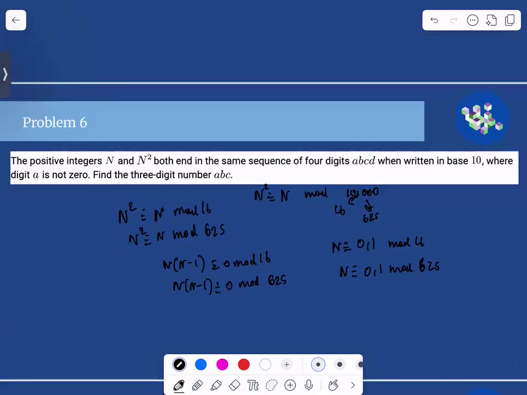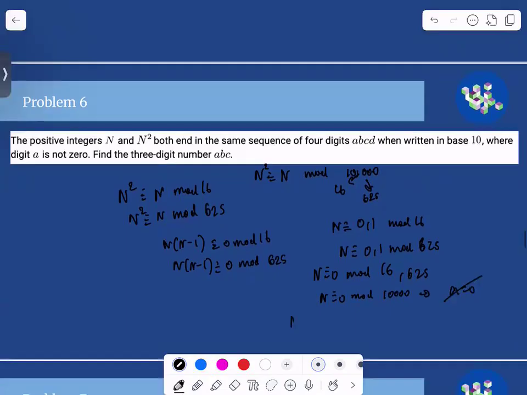So if n is congruent to 0 mod 16 and 625, that means that n is just congruent to 0 mod 10,000. That means that a is equal to 0, which is what we don't want. And if n is congruent to 1 mod 16 and 625, then that gives us a is equal to 0 as well, because we get 0, 0, 0, 1.